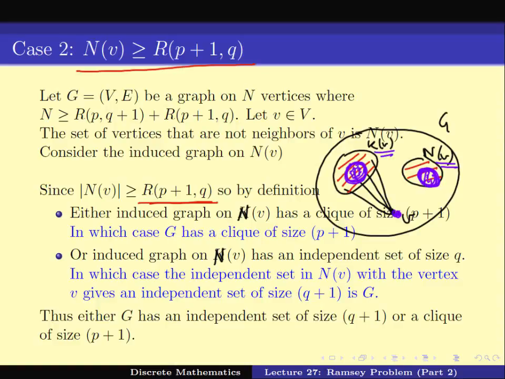So in that case also there is no edge. So in this case also we either get an independent set of size q plus 1 or a clique of size p plus 1.